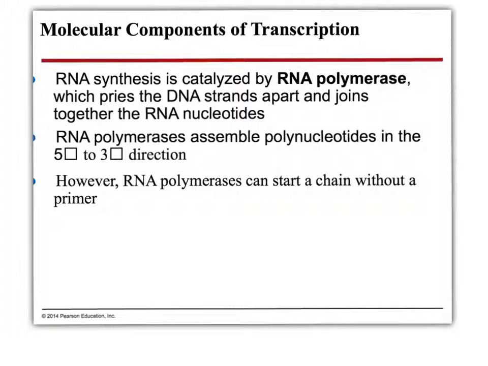What do we have to make in transcribing something? What are we going to make? What's the product? What are we going to produce in transcription? RNA. Thank you. Someone's listening. All right. So RNA.